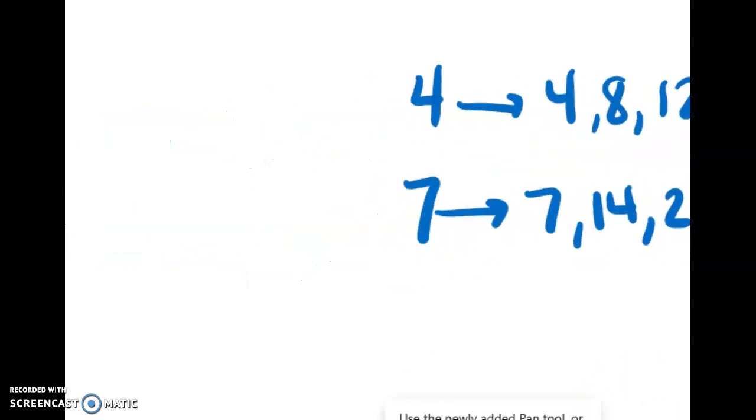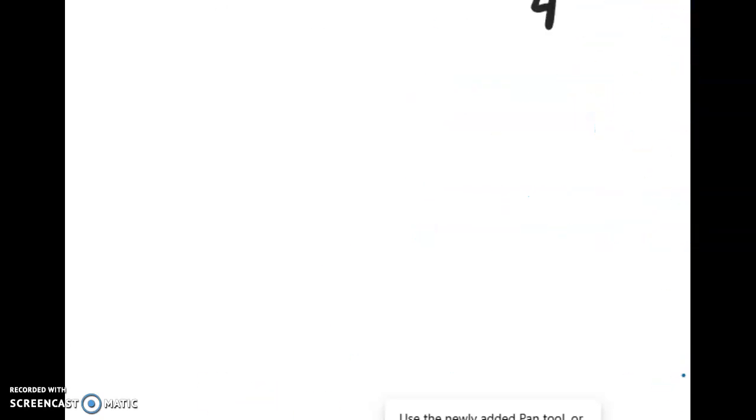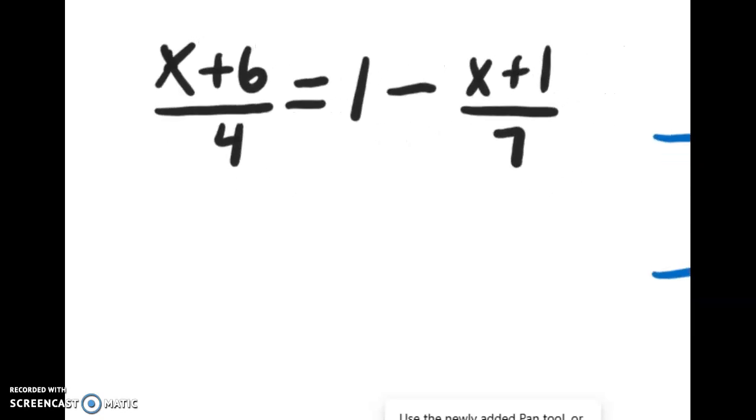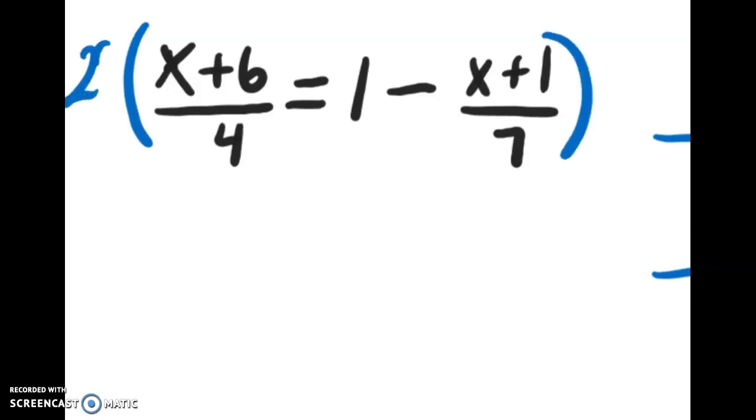So let's go back to the problem itself. I'm doing that so that I can find the right number to multiply my equation by to clear the denominators. So to clear those fractions. So I'm going to multiply this whole thing by 28.